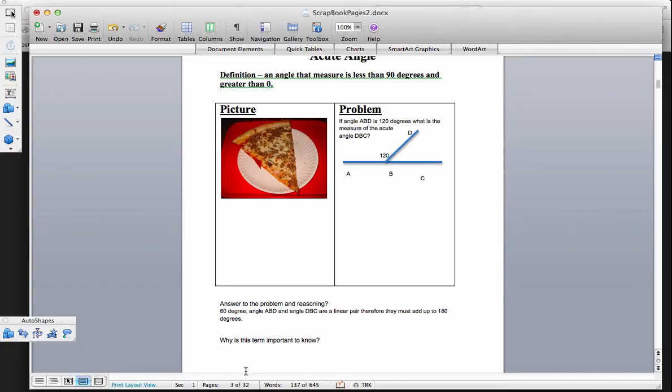Alright, why is this term important to know? So why is it important to know an acute angle, or what areas might you know? Knowledge of an acute angle would be very important if you have a job in the field of architecture.